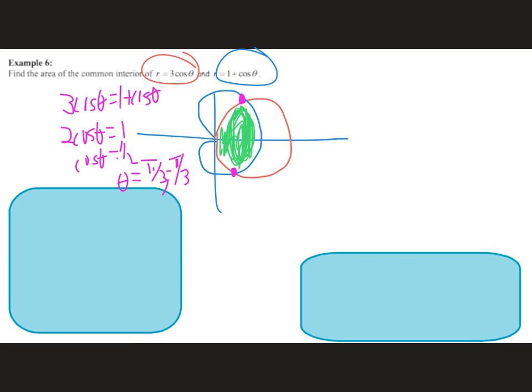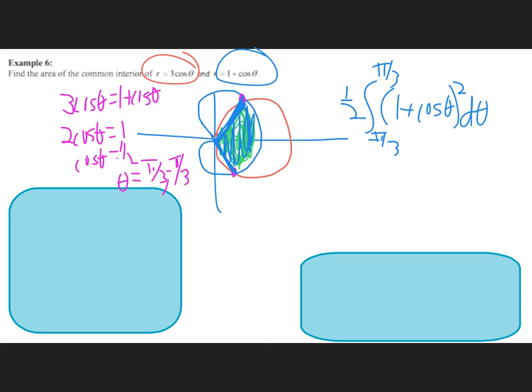For the common interior, here's what I want. I think I can do it this way. Again, there are ways to do this. This is not the only way. If I do this, I can find that part. So that's the blue. That's 1/2 of 1 plus cosine theta squared d theta, from negative pi over 3 to pi over 3. So I can do that.